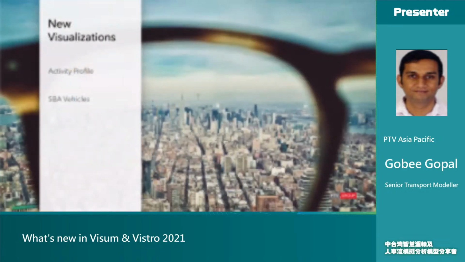Then the fifth feature which is added is new visualization. PTV has enhanced the activity profile and the SBA vehicle. With the SBA vehicle, you can simulate individual vehicles for dot simulation during the assignment.